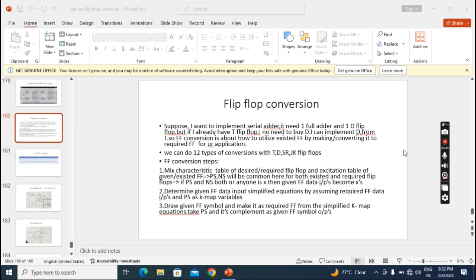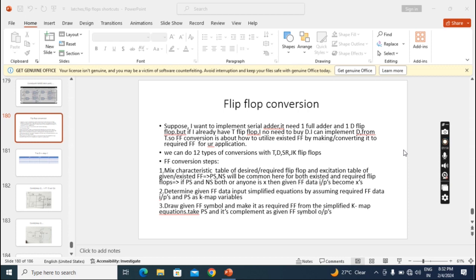Another option is, if I am able to convert or utilize that T flip-flop as a D flip-flop, then I need not buy. This is the second option. So flip-flop conversion is about how to utilize the existing flip-flop by converting it into the required flip-flop. Okay, that's the intention.